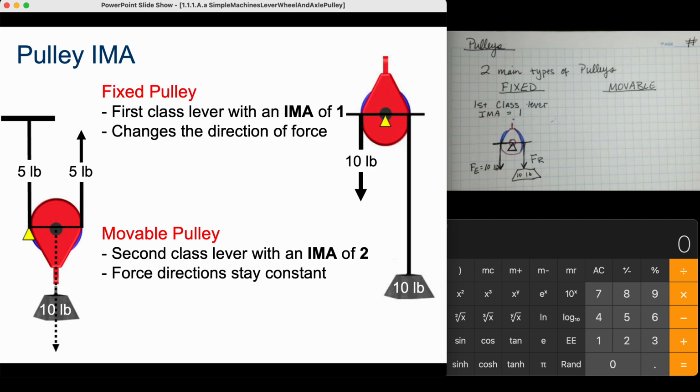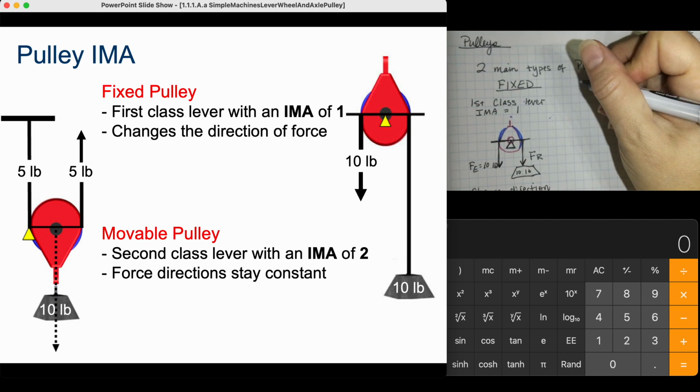Okay, so that is all we're doing here is changing direction. Allows us to pull down with gravity instead of fighting against gravity.